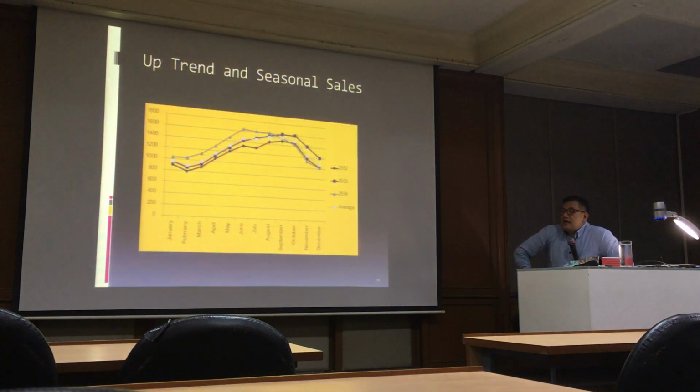So that's why we make the chart. For process improvement, when you measure the data, don't forget to do this, to have a chart that shows clearer information. You might see that every year has an uptrend and seasonal sales.